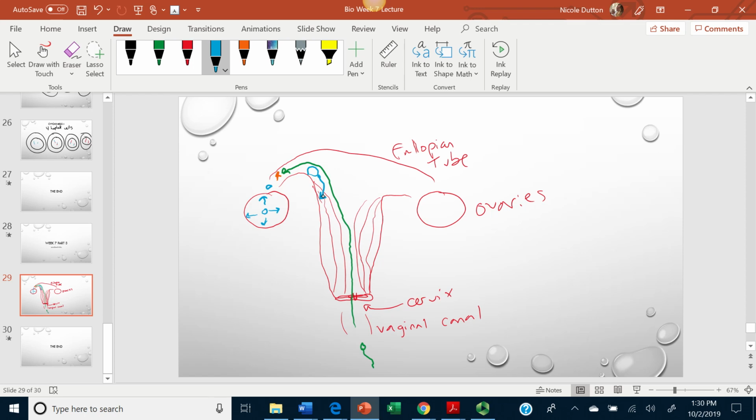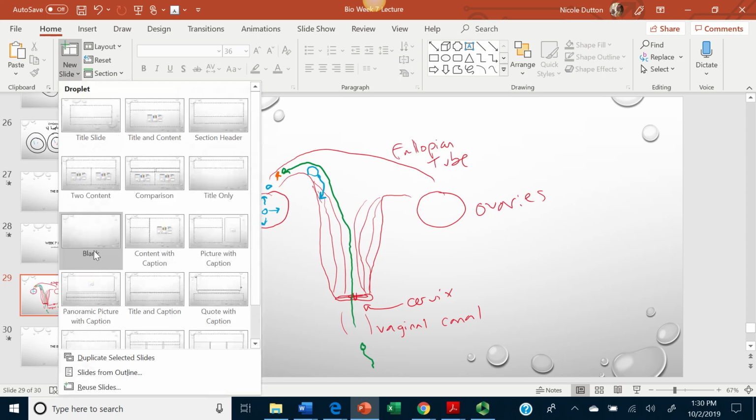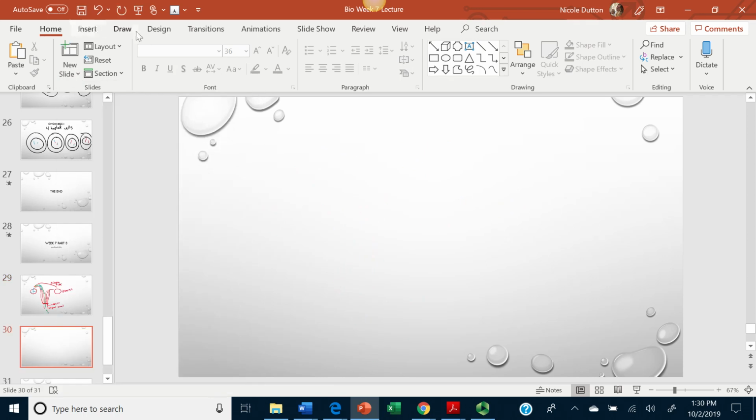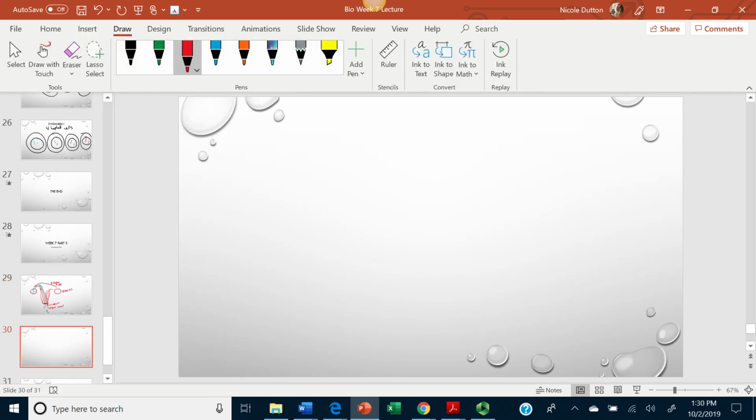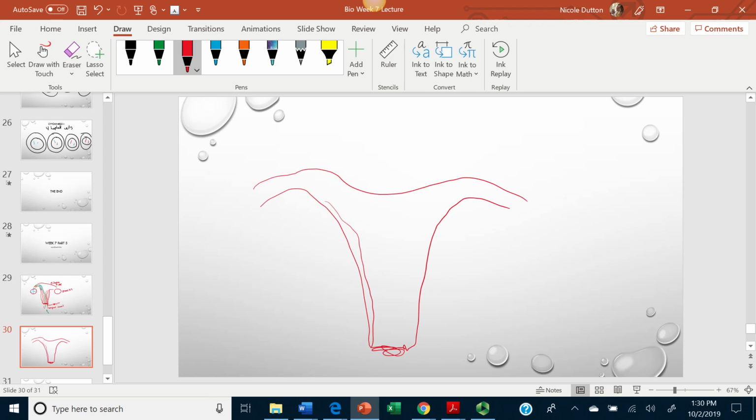So once this is implanted, the cells are going to divide, and eventually we're going to have the development of the placenta. I'm going to pull up another slide here and redraw a new uterus. So we had this implantation event, and from that implantation event, the baby is developing now.